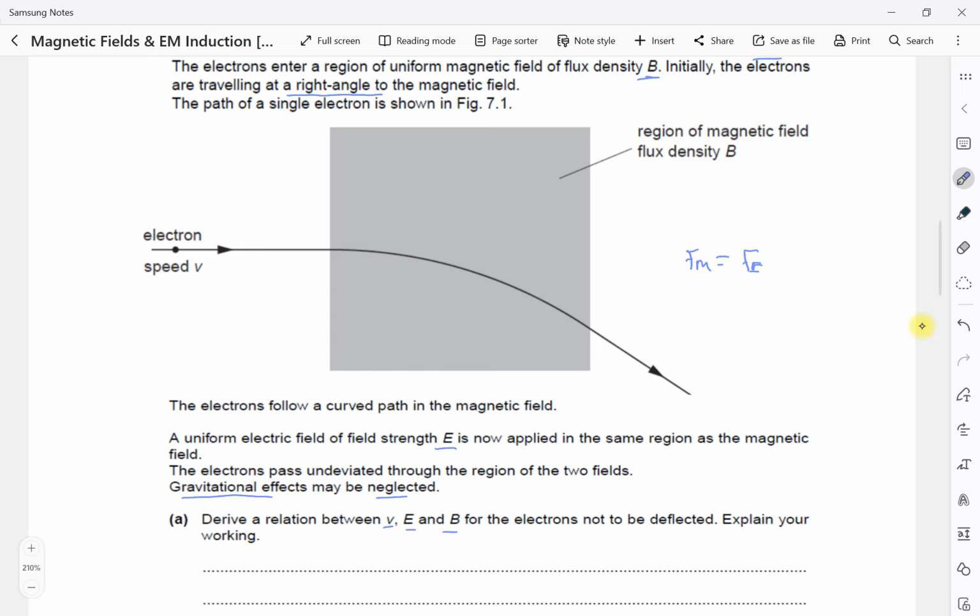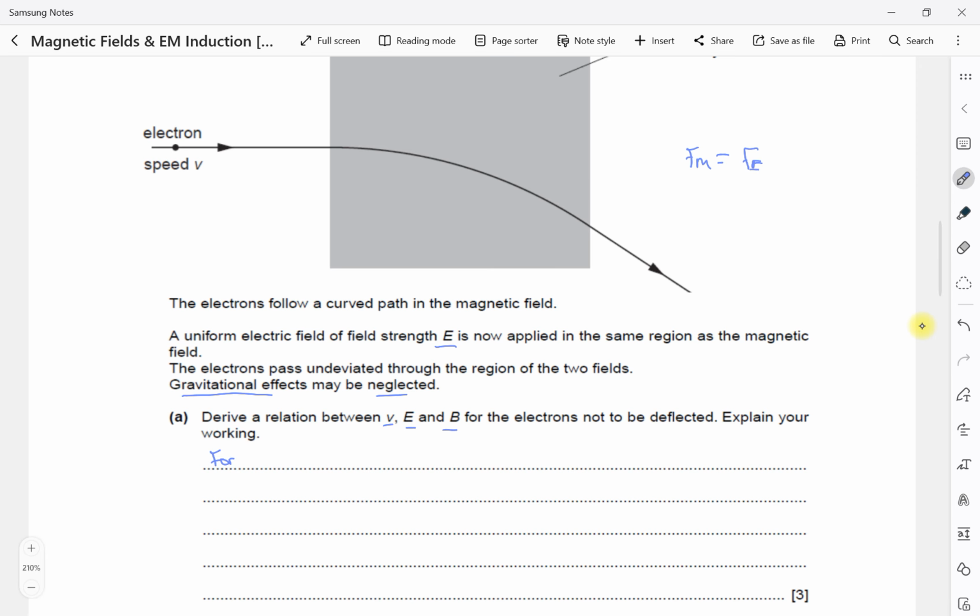Therefore, for no deflection, for no electron deviation, the force due to the magnetic field is equal and opposite to the force due to the electric field.